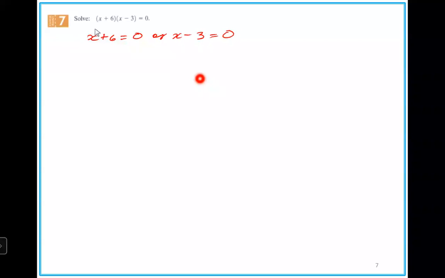So in order for us to get a 0 here, either this one has to be 0 or this other one has to be 0. So that's your zero product principle. I just put the 0 here so you could see what principle we use. Zero product principle is that either one of them has to be equal to 0.